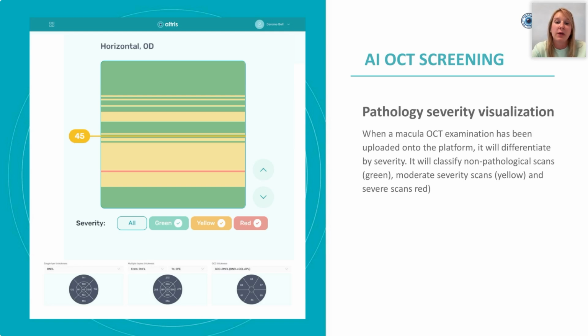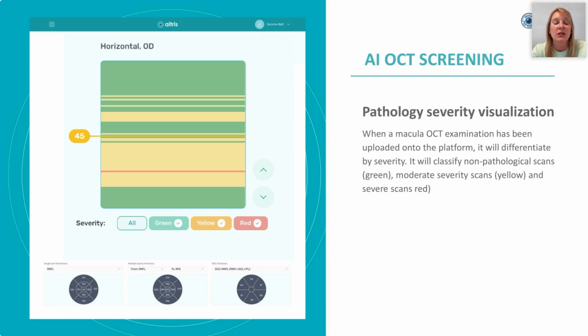The first step is screening. Each scan is analyzed separately, and all the examination can be divided into green, yellow, and red, as we are used to seeing in different ophthalmic machines and OCT. Green is for non-pathological scans, red for pathological scans, and yellow for something in between.